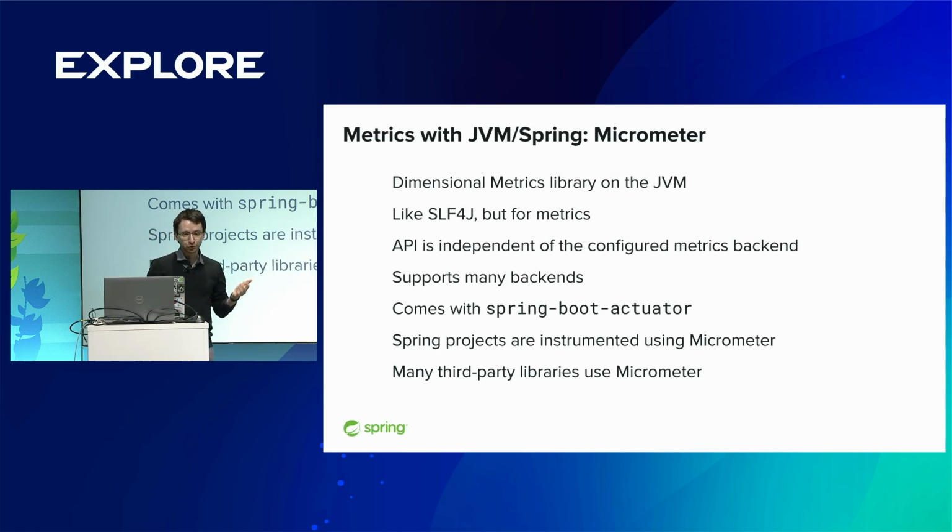We have support for many of them. Spring Boot Actuator brings you Micrometer and auto-configures it for you. The whole Spring portfolio is instrumented using Micrometer, and there are many third-party libraries outside of the Spring portfolio that use Micrometer to instrument themselves. That list is shockingly long.